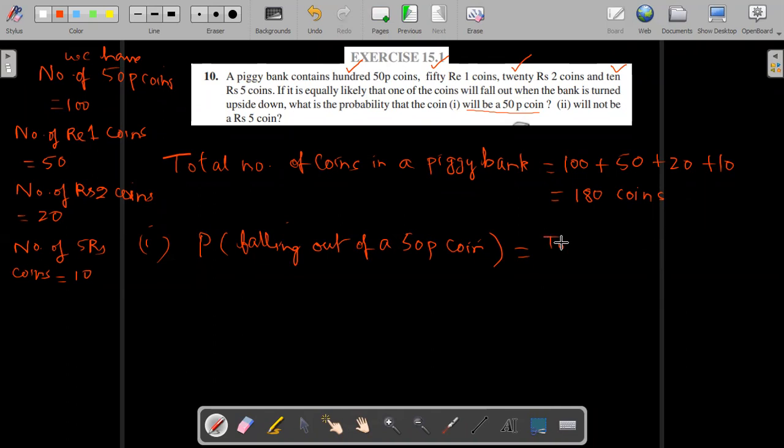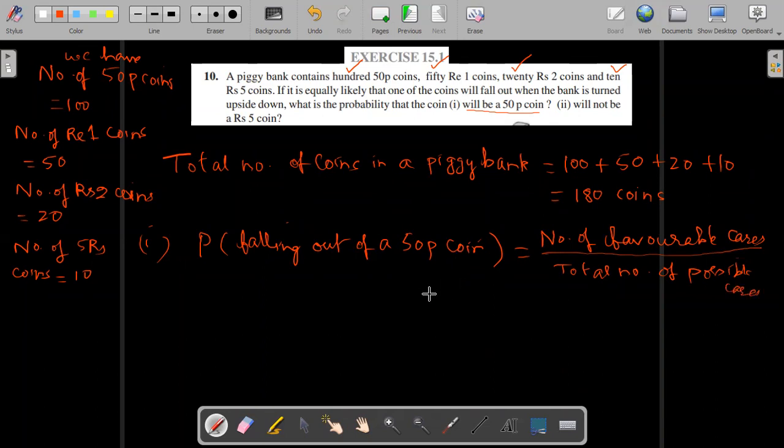You can write the formula like this also. So in each question you can write the formula first.